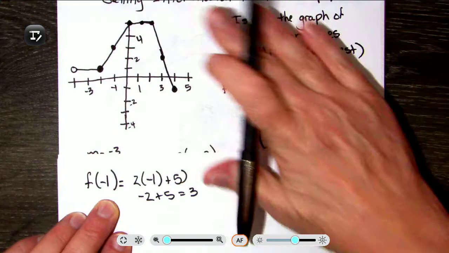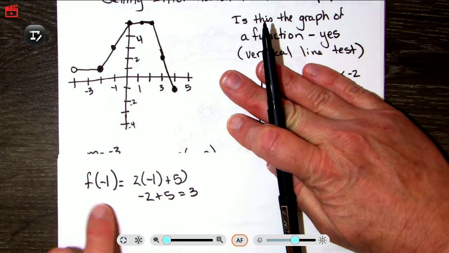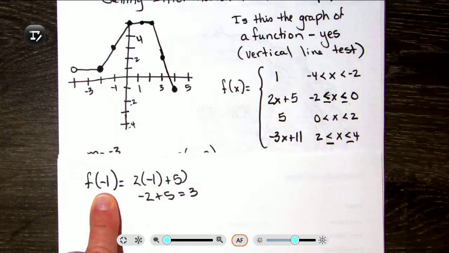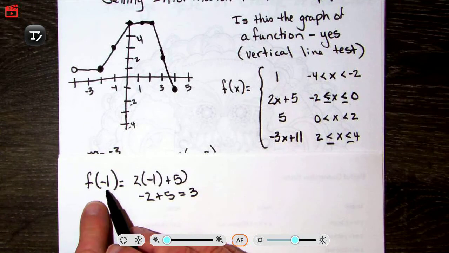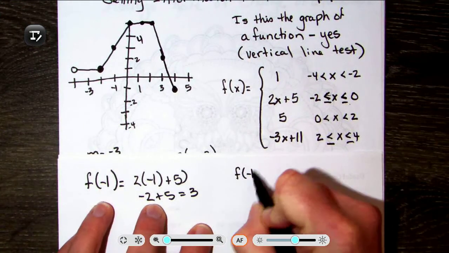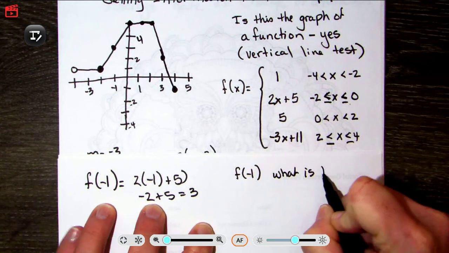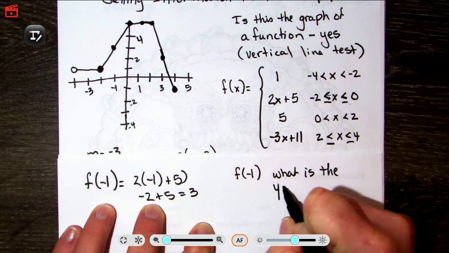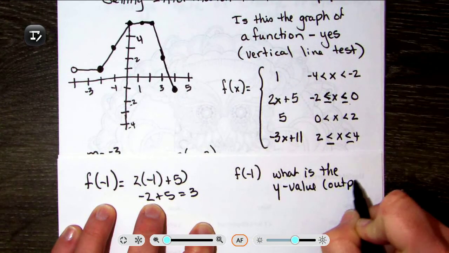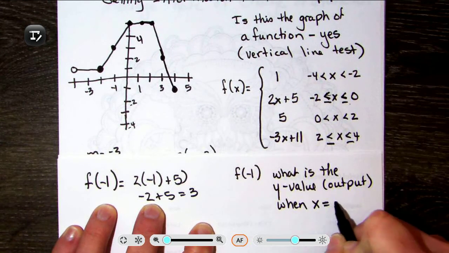Or, if I hadn't done this extra work ahead of time, I can still get the answer to this question, what is f of -1, by using the graph. F of -1, this is going to be my x value, so this is actually just asking myself the question, what is the y value, or the output, when x is -1.